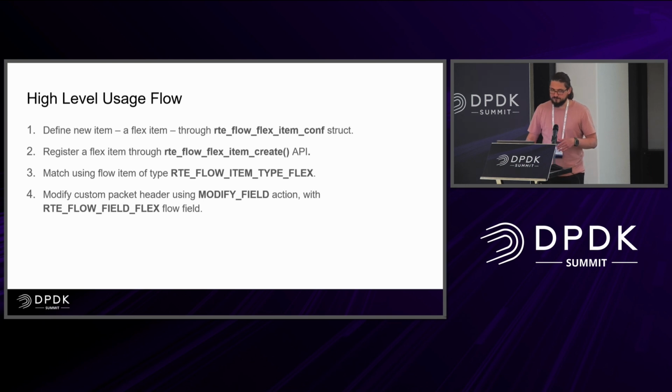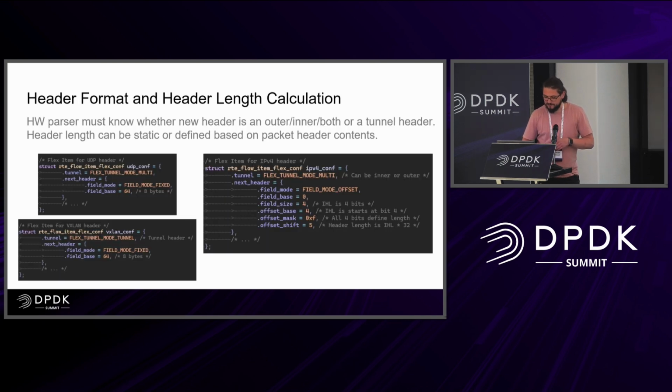So let's go step by step through the definition of the building blocks in this API. So first we need to define the header format and the header length. It's critical for the hardware to know whether our new header is an outer header, an inner header, or a tunnel header. Or it can be both outer and inner. This information is required because depending on the type of custom header we want to introduce, a different number of hardware resources might be utilized.